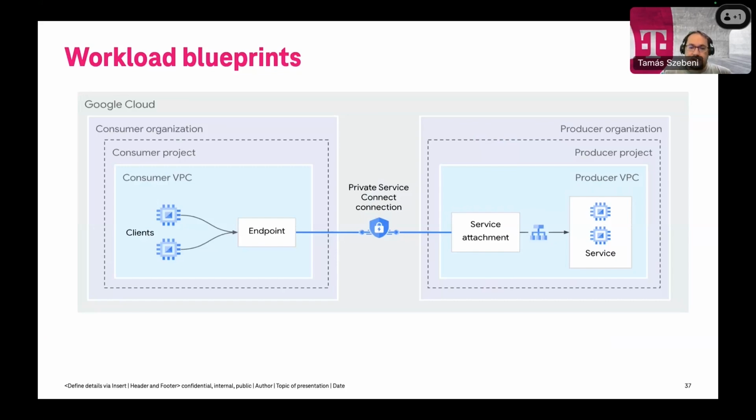There is a service attachment for that, and that is advertised. On the other side, there is an endpoint which subscribes to that service attachment, and in that way the consumer VPC can consume this service. The endpoint is like a reserved IP address for that service attachment. And in between, under the hood, Google uses load balancers to ensure the connectivity between the two.